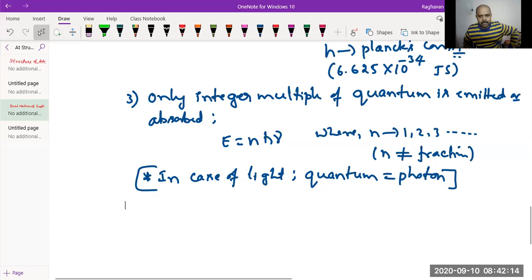Only integer multiple of quantum is emitted or absorbed. Shall I proceed? Yes, sir.